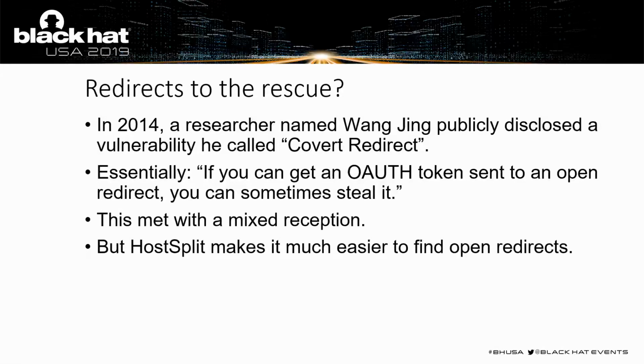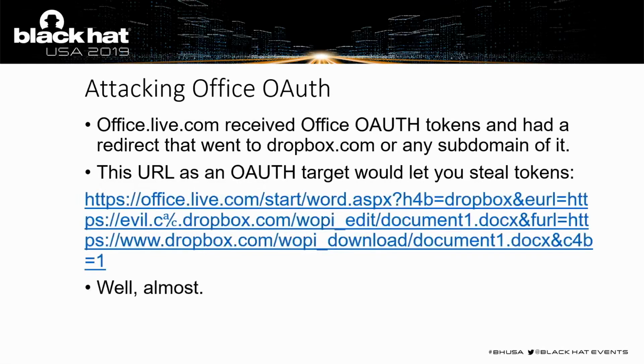But it turns out the HostSplit attack makes this much easier to do. It makes it much easier to find open redirects. And that is how you could have attacked Office 365. So office.live.com was a valid redirect endpoint for Office OAuth tokens. It also had redirect functionality that would try to redirect to any subdomain of dropbox.com. In combination, you could have used this URL as your OAuth redirect target to actually steal tokens.